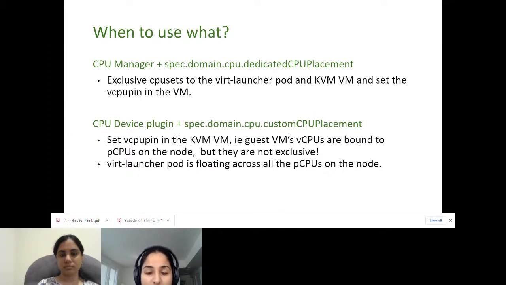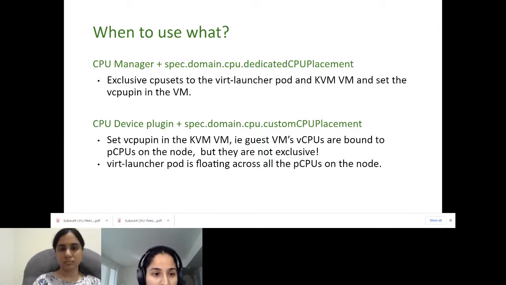Since there is a requirement of pinning all CPUs to the guest VM, the guest VM will be pinned to specific CPUs, and other processes can float across all of the CPUs, and there's no need for exclusive access to CPUs with the custom CPU placement. So in such use cases, we'll make use of the custom CPU placement and not the CPU manager. Yeah, I think now Samuel will go with the flow and then do a quick demo.